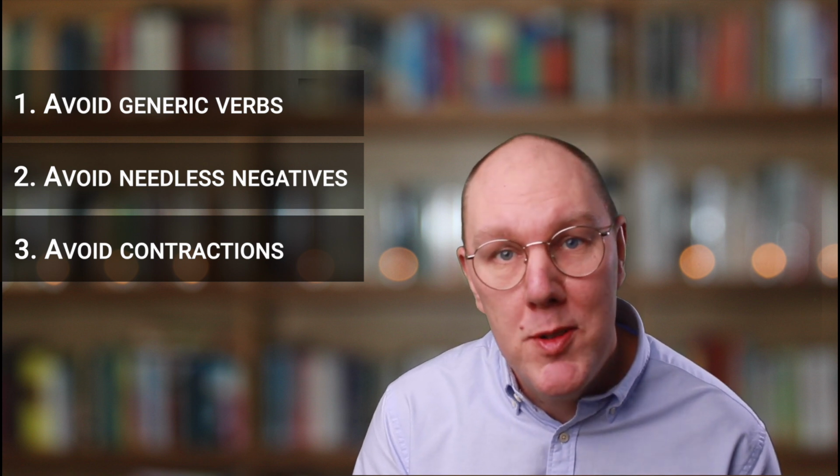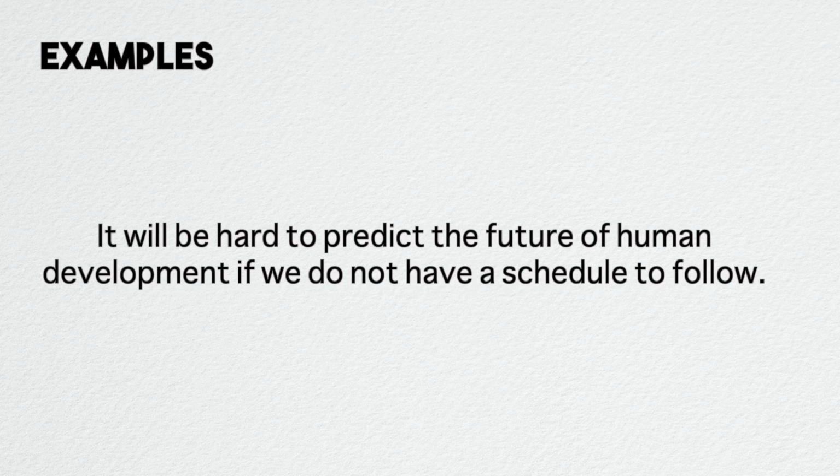Okay, on to number 4. It will be hard to predict the future of human development if we do not have a schedule to follow. So there's actually a couple of informalities here. There's a negative, but we're moving on to a different topic now, which is the use of the word we.